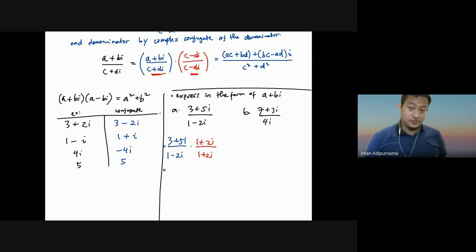So it will be 1 plus 4, right? So it will be 5. For the numerator, 5i plus 6 plus 10, so it will be negative 7 plus 11i. Or we can write negative 7 over 5 plus 11 over 5 i.